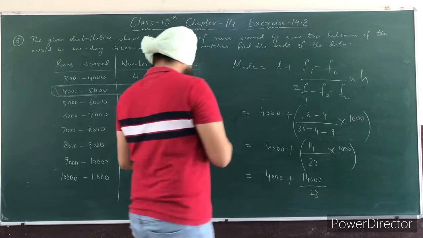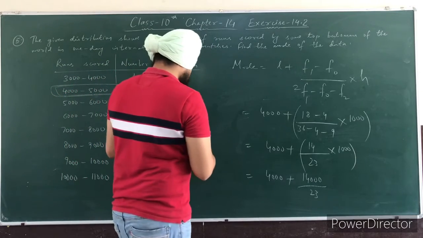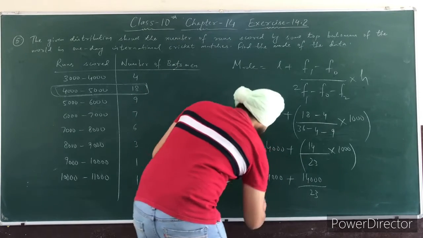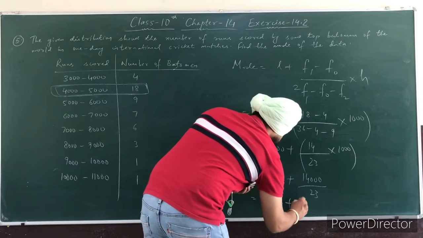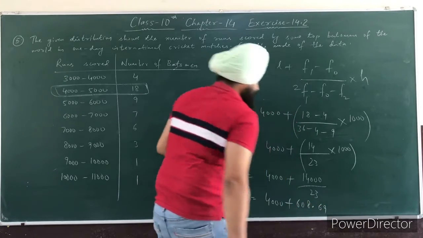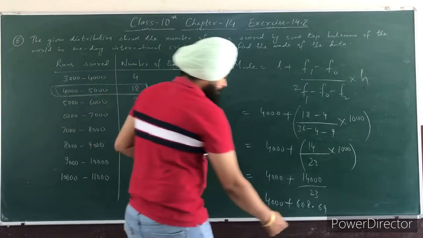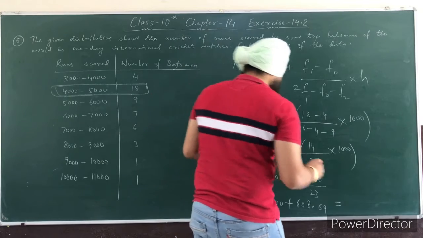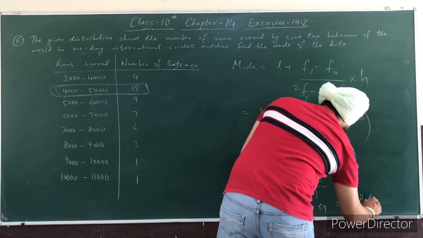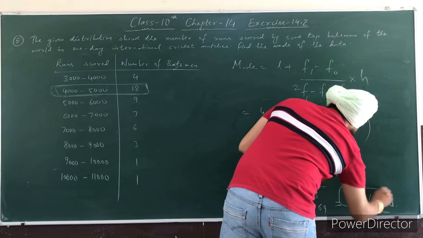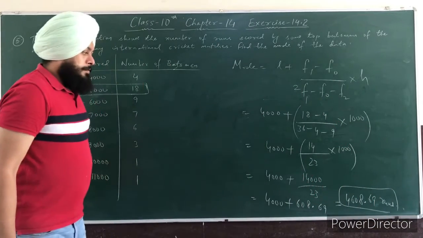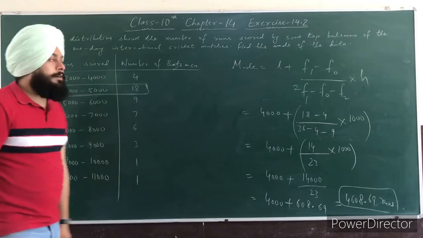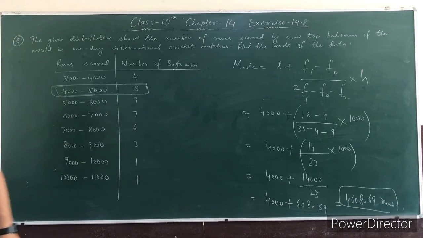It is approximately 608.69. Now add this value to 4000. It is 4608.69 runs. Alright, so the mode for this data is 4608.69 runs. Clear? So this is your question number 5.